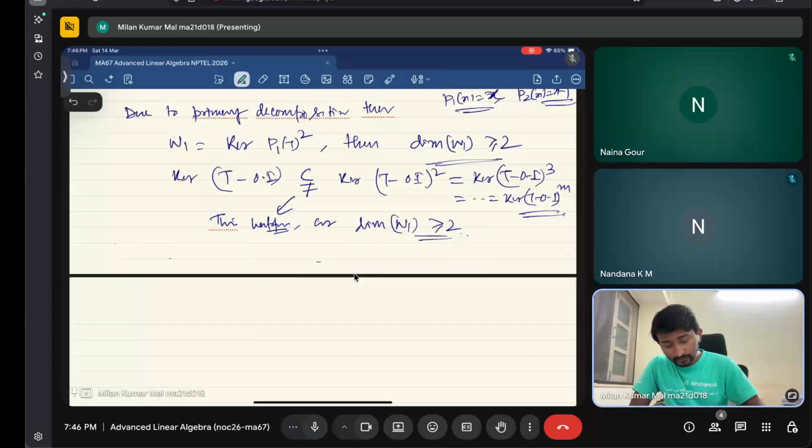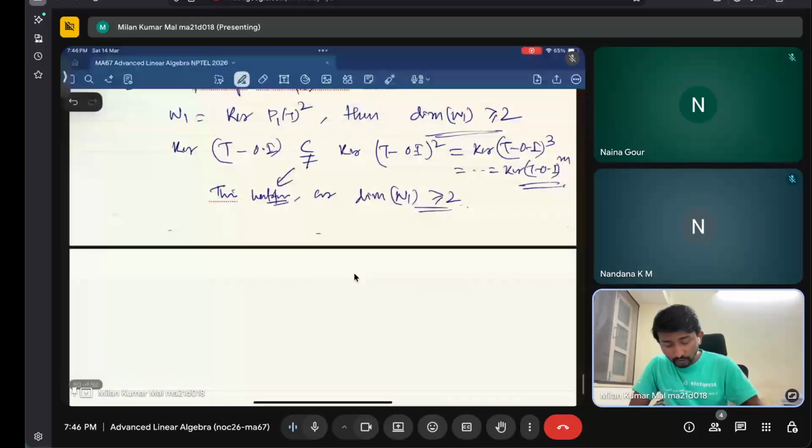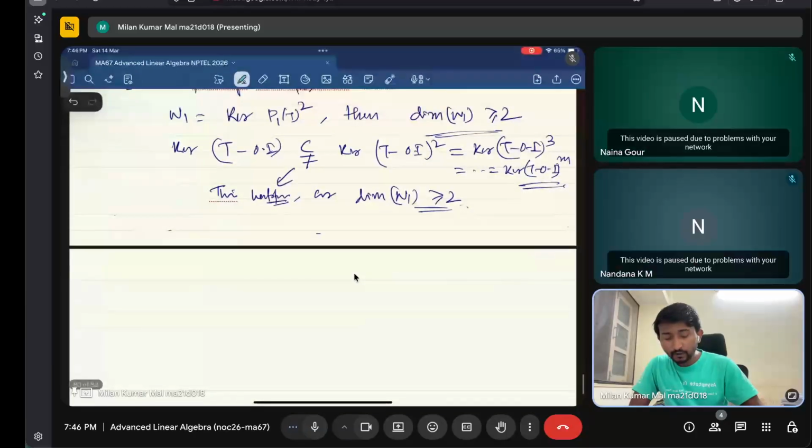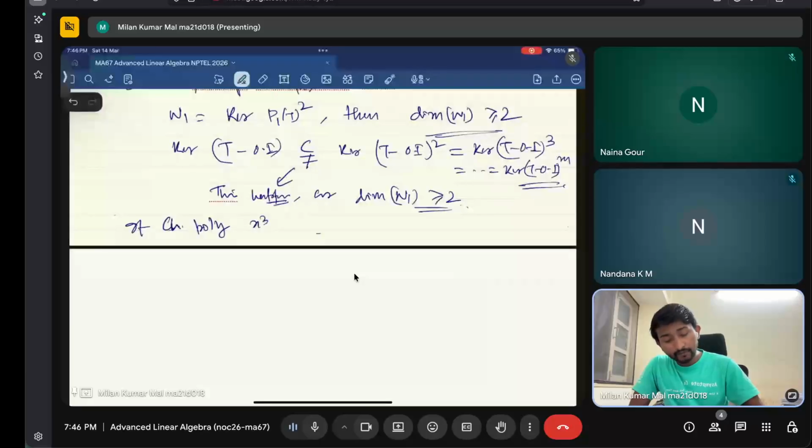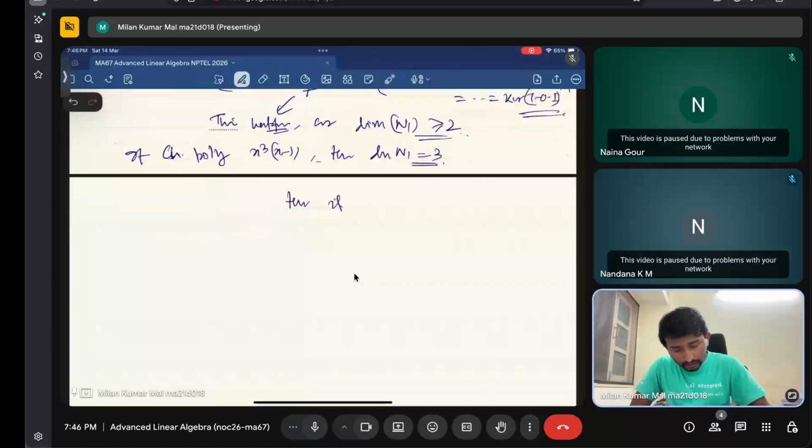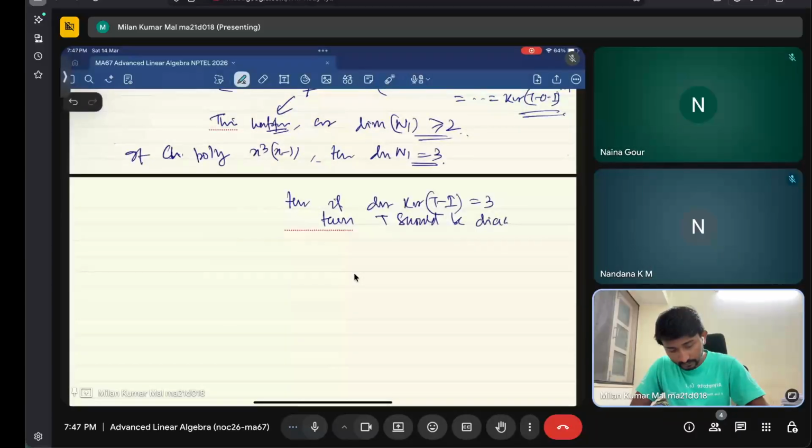So if the characteristic polynomial is x cubed times x minus 1, then this dimension is actually 3, right? Then if the dimension of the kernel of T minus I is actually 3, then T should be diagonalizable, but this is not the case.